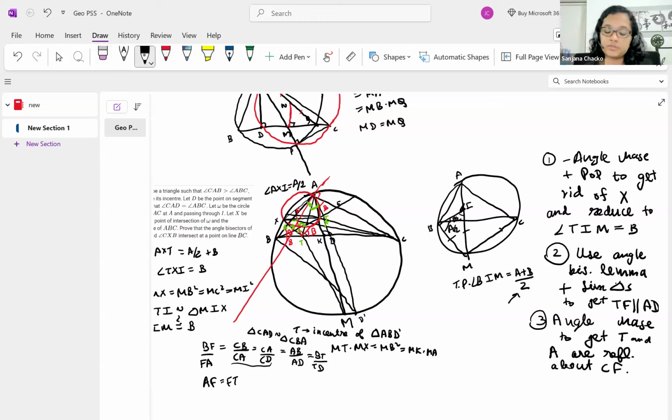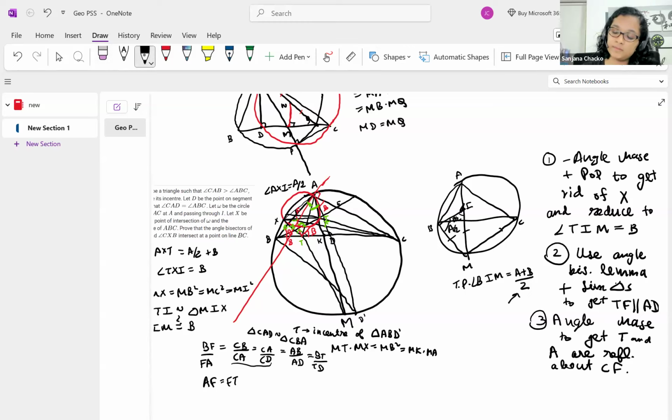First we used some angle chase to get rid of X, and then we used some ratio chasing to get the parallel condition, and then it's essentially some more angle chasing to show that T and A are reflections, and then it's essentially done.